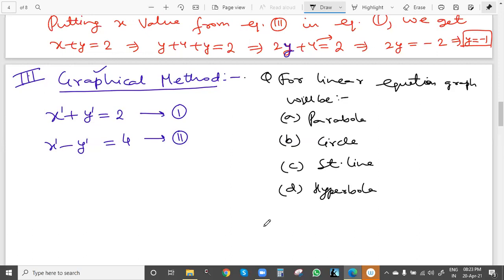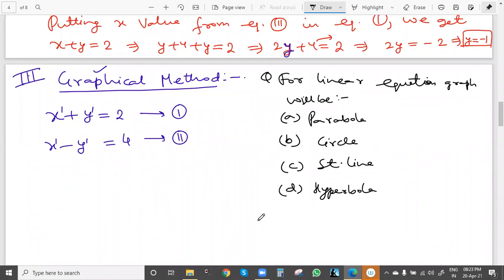Last 1 minute. Everyone will answer based on their knowledge and understanding. For a linear equation, the graph will be one of 4 options: parabola, circle, straight line, hyperbola. So am I correct? Okay.